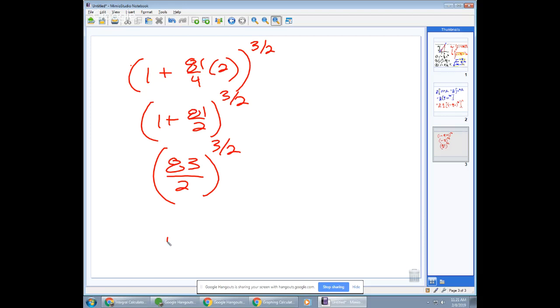Which basically means take the square root of 83 halves and then cube that, or vice versa, right? And 83, I think it's prime. So you're going to have square roots in the answer. It's not going to come out to some nice fraction.